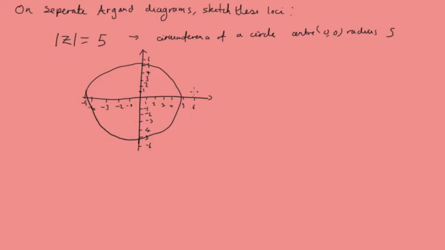Obviously you do it on square paper and it'll be much more accurate. So this is only the circle, not the points within the circle. And you should draw it as just a solid line.